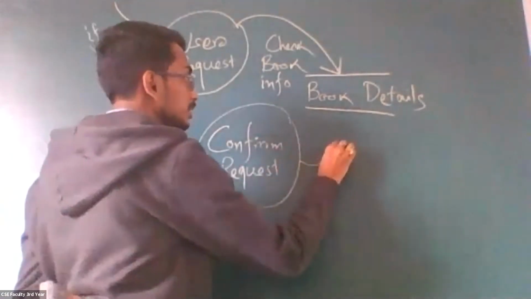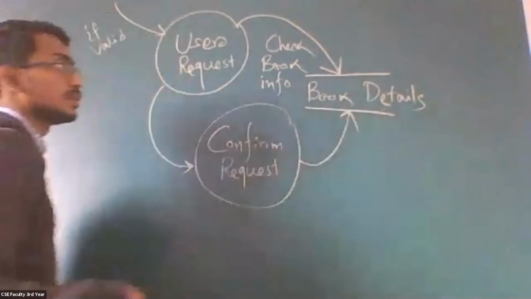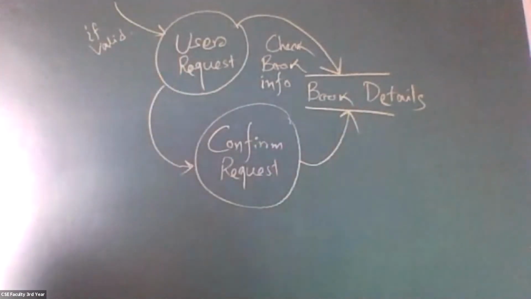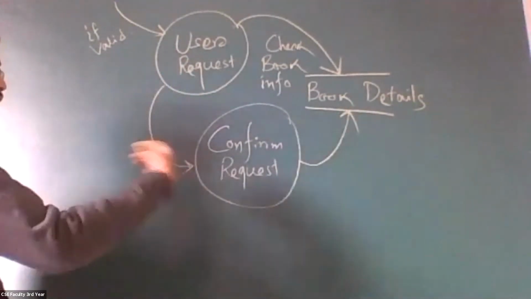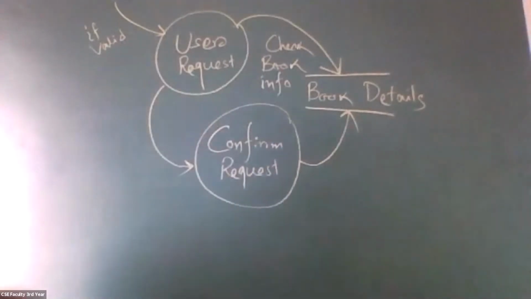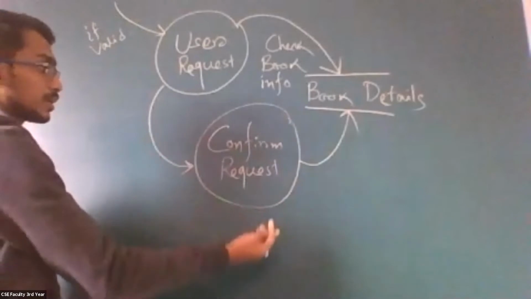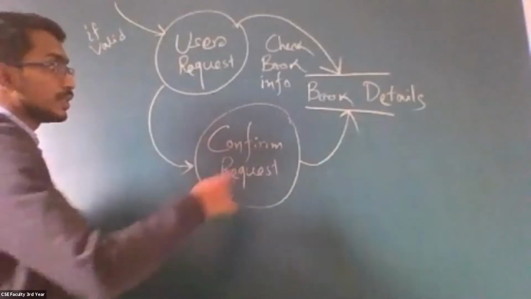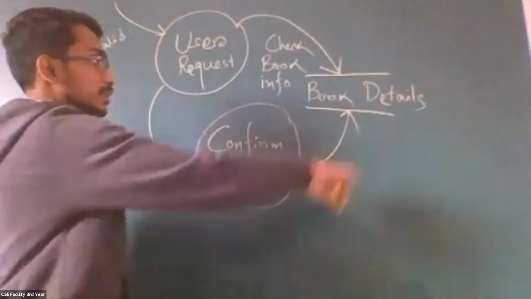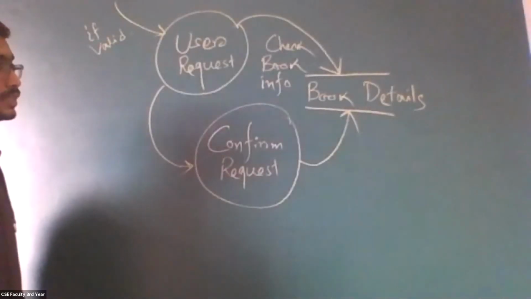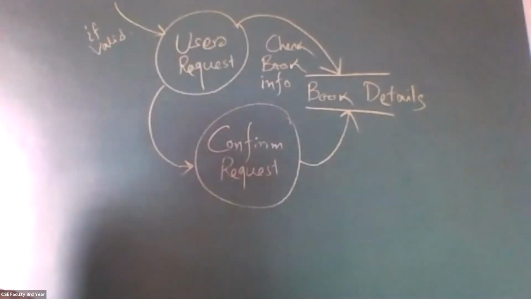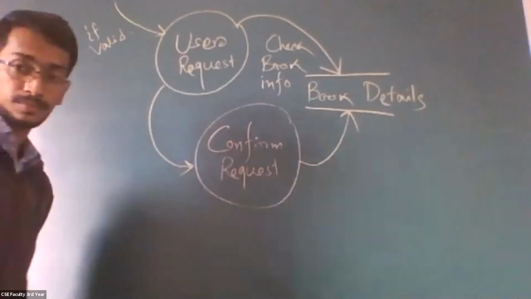From confirmation to the book details. Suppose the user is requesting to renew a book. After confirmation, the details will be added or updated to the database. Is that clear? Confirm request can be one process.